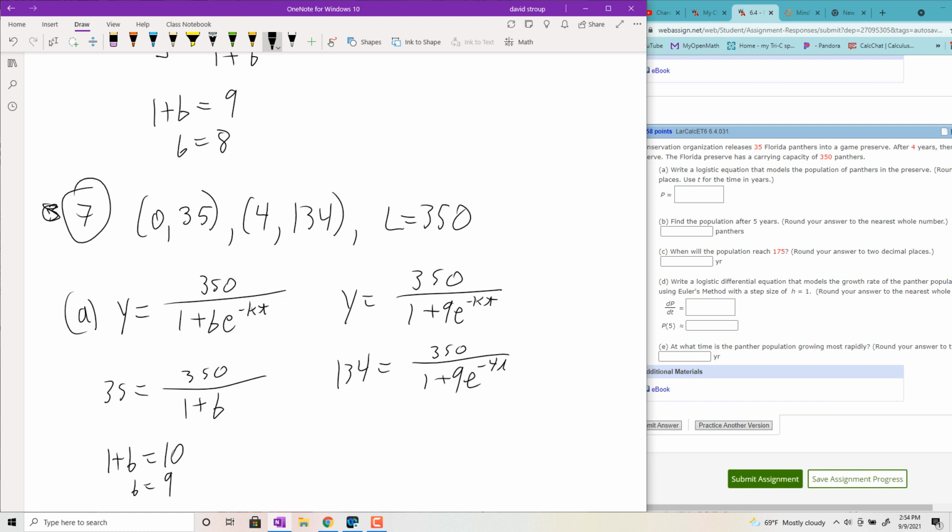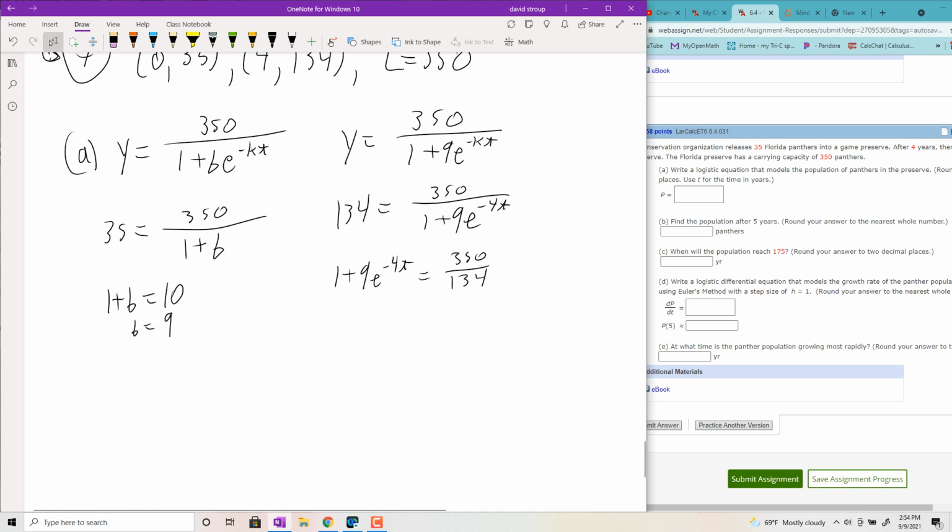Negative 4k. And then solve for k. A little bit of arithmetic. Take ln's.